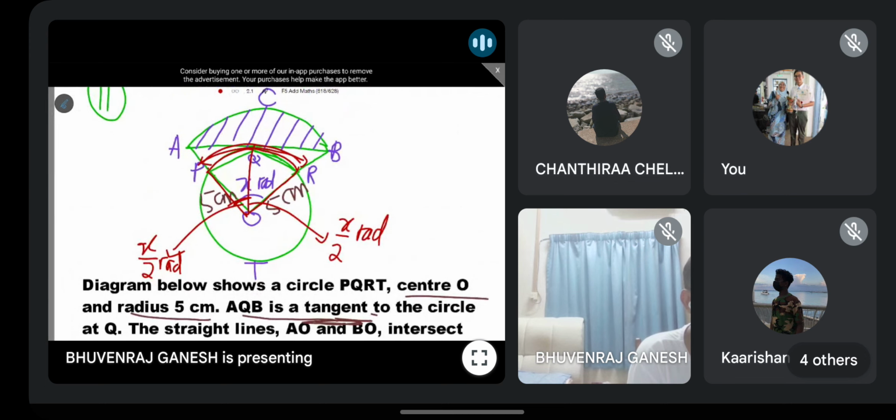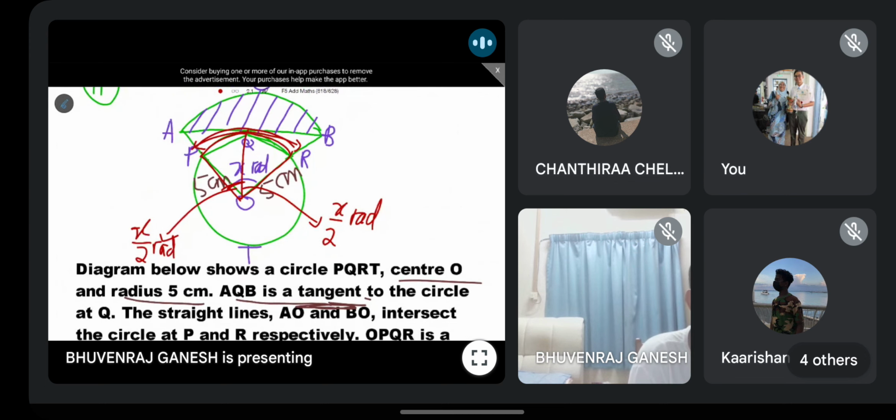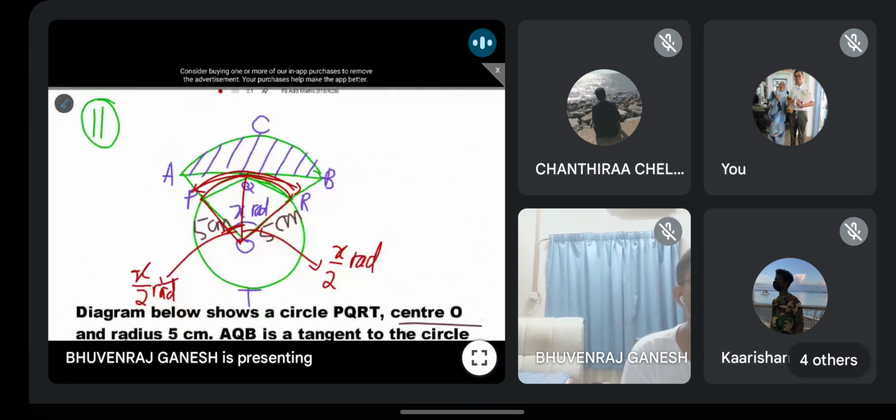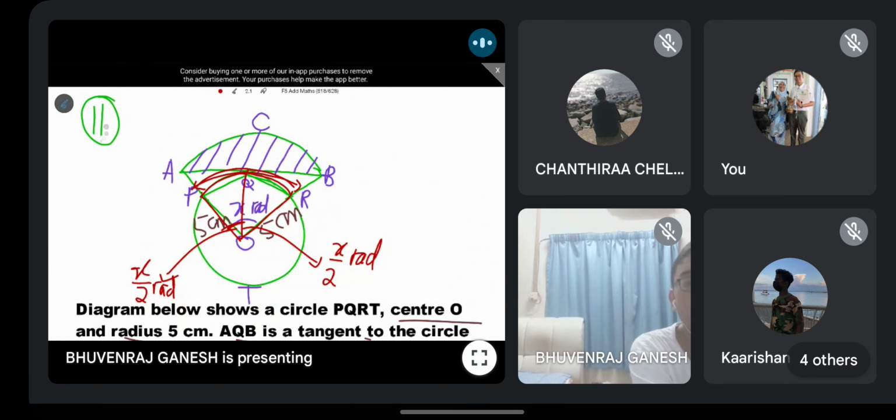So now they ask you the length of arc ACB. Kamu kena cari panjang lengkok ACB. So again, S equals r theta. You must use the formula again. But now, the problem is we don't know the length. Kita tak tahu panjang, but we can actually find the length because we know the theta. Kita tahu theta.